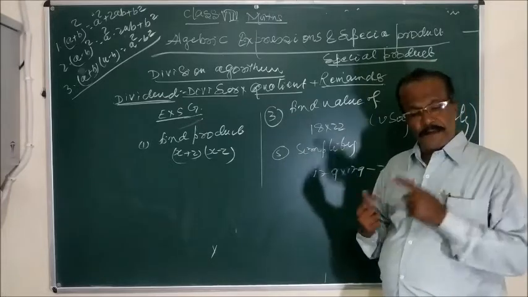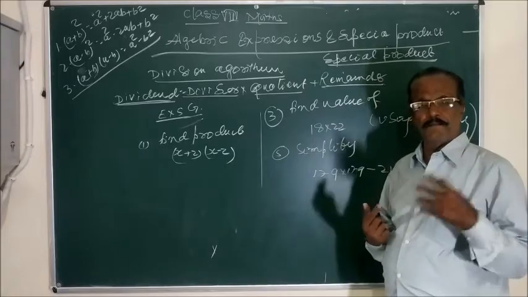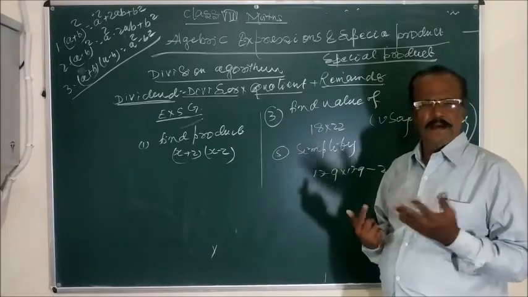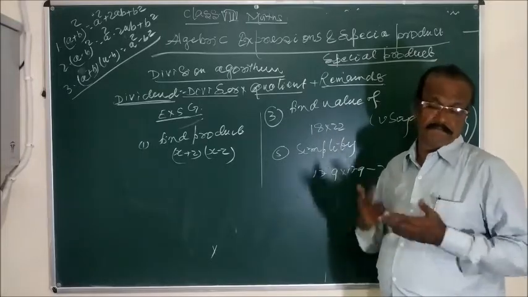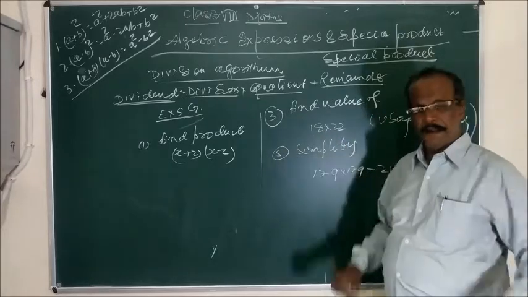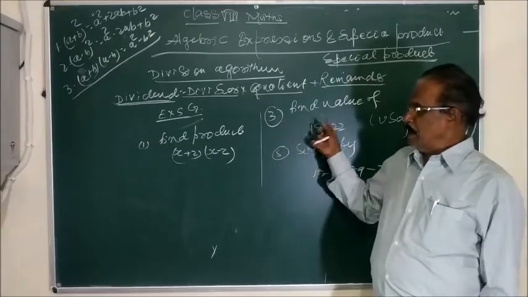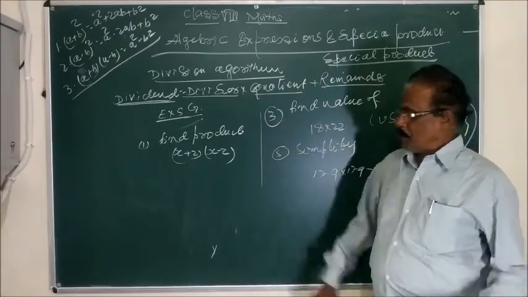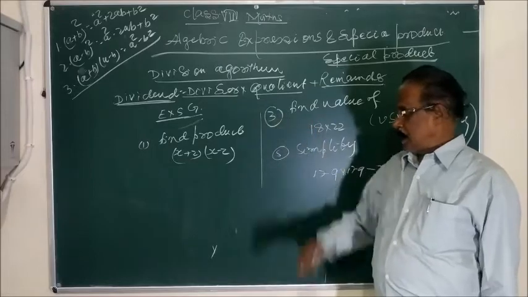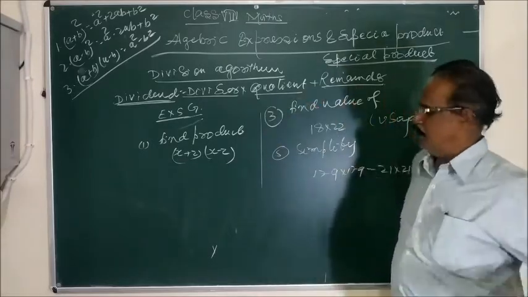That can also be verified in algebra. Any term if you divide by another term, binomial, maybe trinomial, maybe quadrinomial, etc., and if you complete the division process, you can also verify the division, whether you are right or wrong, by this division algorithm. Dividend is equal to divisor into quotient plus remainder.